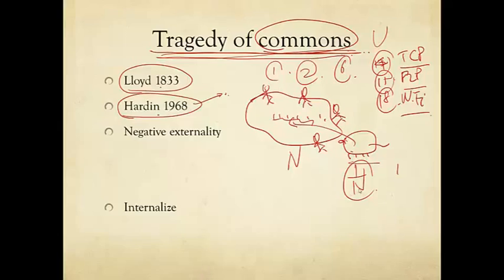So what's going on here is that if I look at my selfish maximization, I've got a utility U of x, and now I have to pay the price. That means I have a demand as a function of the price. The price is just 1 unit. In this case, a rational farmer would say, I should get another cow.